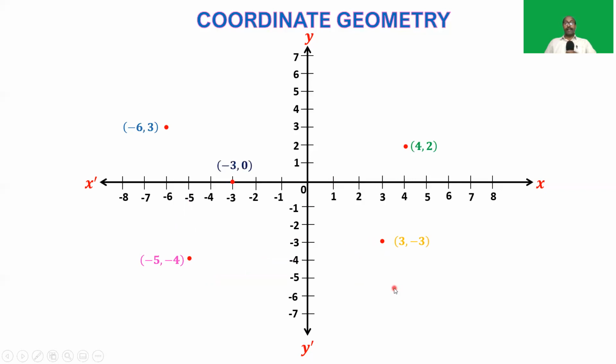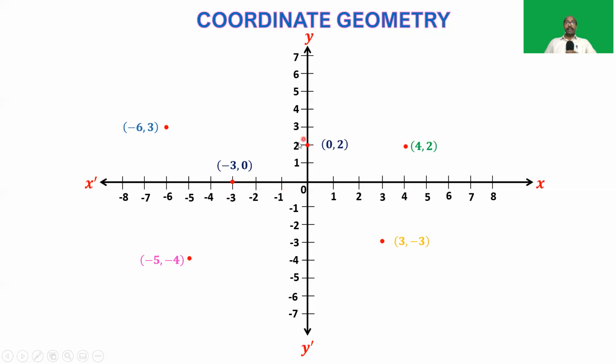And if a point lies on x-axis like this, its coordinates are (-3, 0). So the distance from y-axis is minus 3, and as it lies on x-axis, its y coordinate is 0. Similarly, we can say that the y coordinate of any point that lies on x-axis is 0.